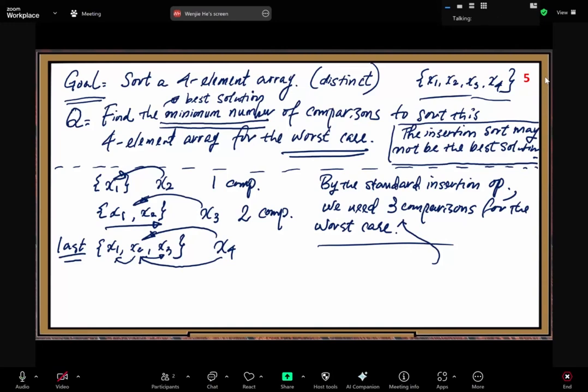So in this step, you do not need to follow the standard insertion step. You can compare with the median element. That's different from the insertion step, right? When you compare with the median, it is very similar to binary search.